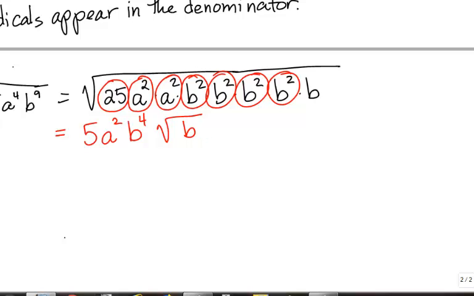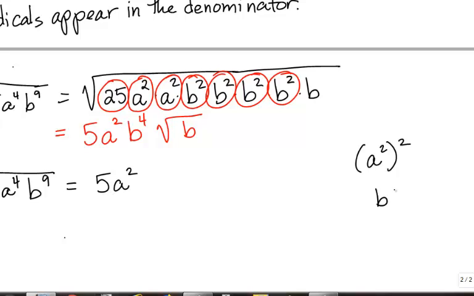Now, some of you may be able to look at this and say, okay, I know the square root of 25, I need a 5. Yeah, so if I take out a, it's actually a squared inside squared. So I could take out an a squared. Okay, and it's actually b squared to the 4th times a b. So I could take out, no, I need it the other way.